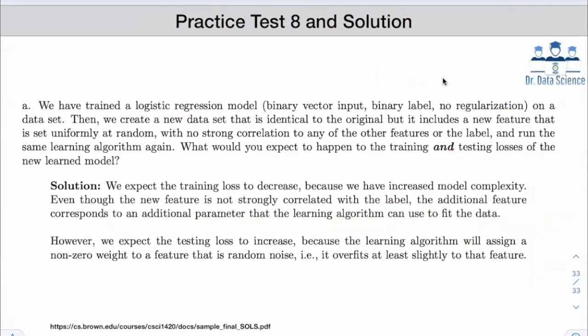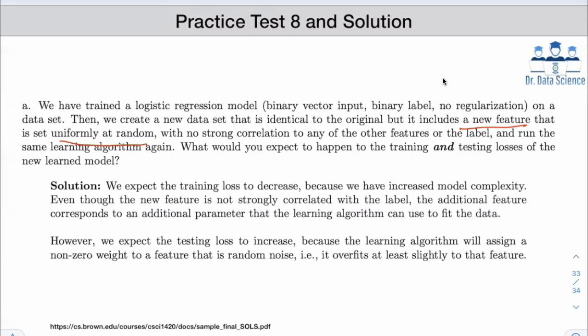And the very last question that we have here for this machine learning exam preparation is about, again, the logistic regression model. And the idea is that if we add a new feature, so let's say you already have 2 or 3 features for your machine learning problem, and you add a new feature that is set uniformly at random, which means that it doesn't have any correlation or any connection with the other features that you have.